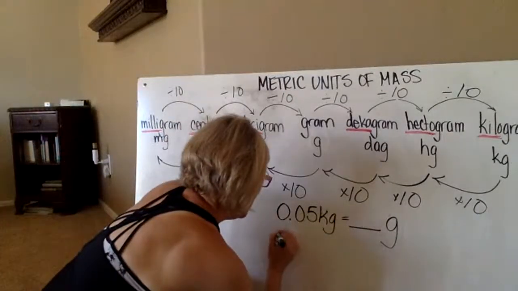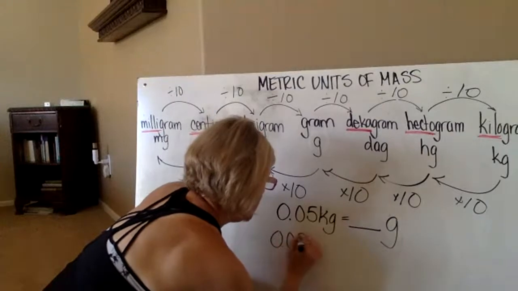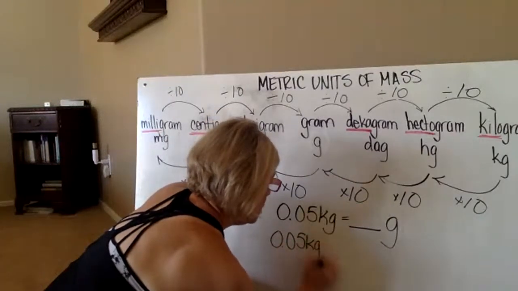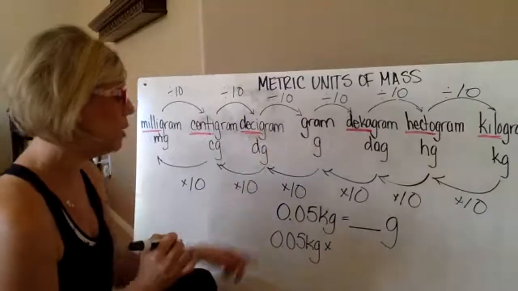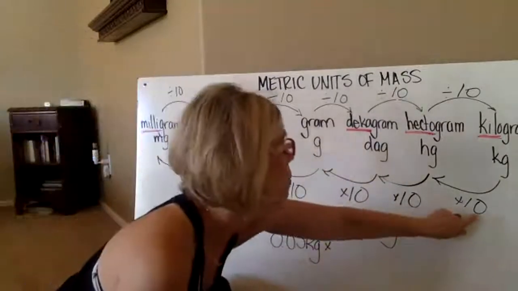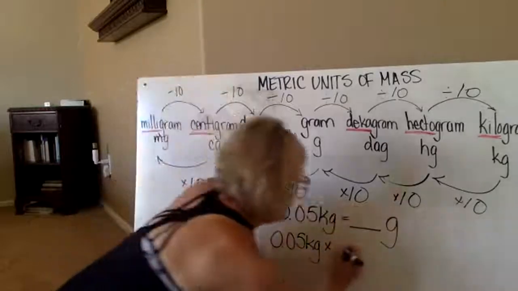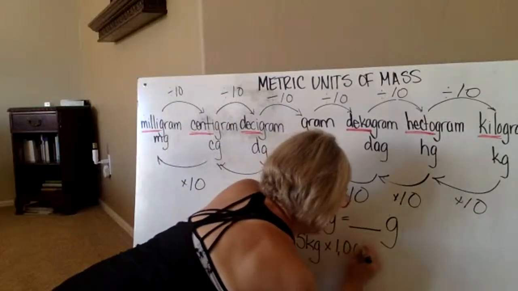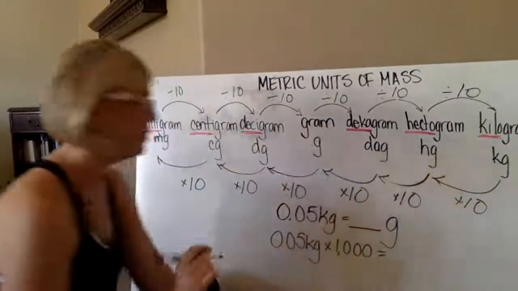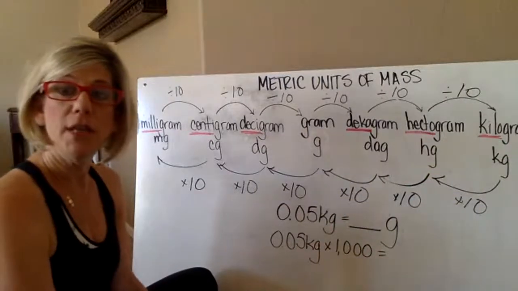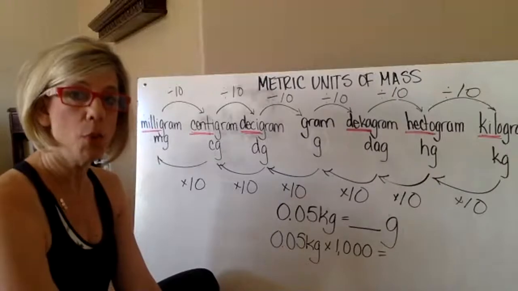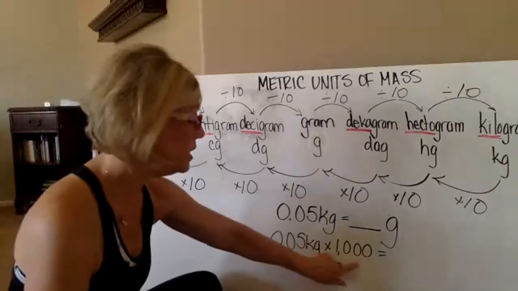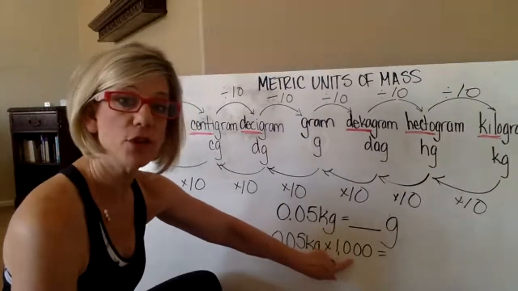We know we're going to take 500 kilograms. We said we have to multiply in this case because we're going bigger units to smaller, and we are multiplying it by 1, 2, 3 zeros, which is 1,000. Rather than do long multiplication, whenever we multiply with powers of 10, you move the decimal point right the number of zeros in this second factor.